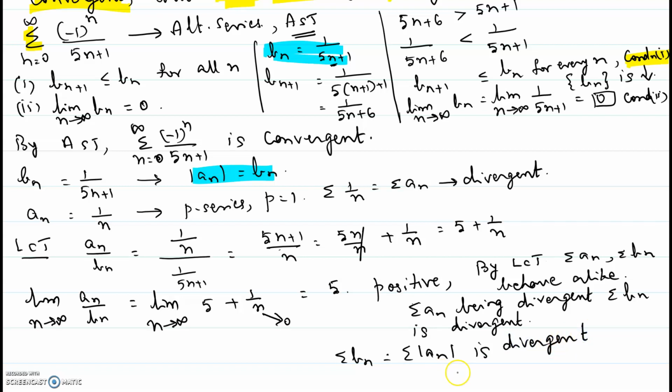What does that mean? This means sigma an is not absolutely convergent.